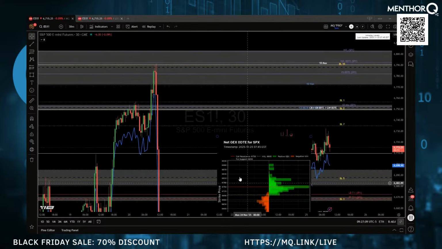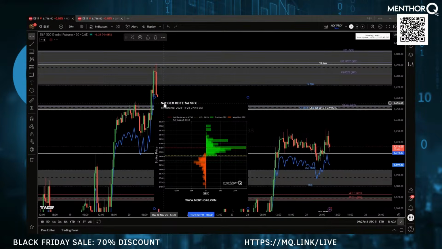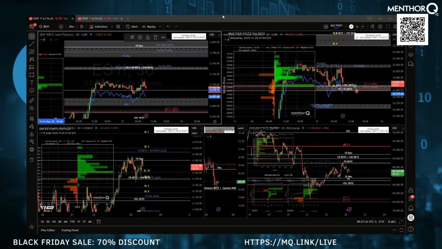I want to take my profits and wait for the market open before opening new trades. Also, as you can see from gamma 0DTE on SPX, the blue line, 67, is our flip. So we are staying near the line where we can jump exactly to the negative regime. And that kind of opening will be very crazy.